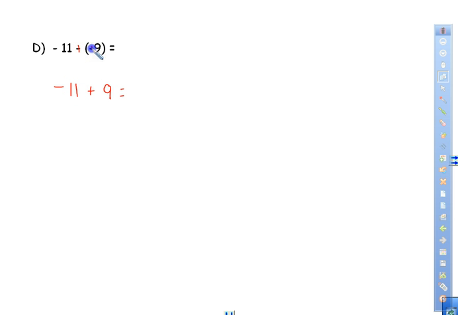Plus sign, positive sign, and that's the same thing I have here. So, unlike signs, therefore I'm going to subtract. So it's going to be 2. And then 11 is larger than 9, so the absolute value again is what we're looking at. 11 is larger than 9, so therefore since it's negative, my answer is negative.